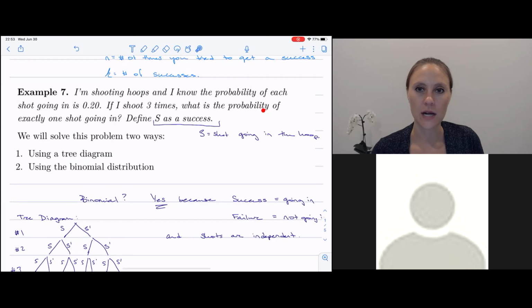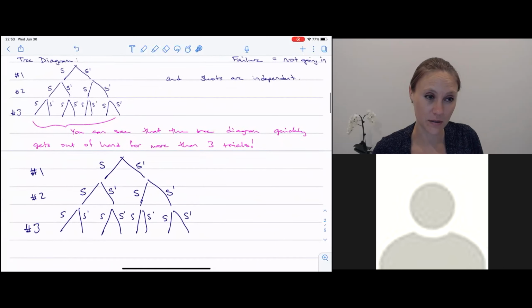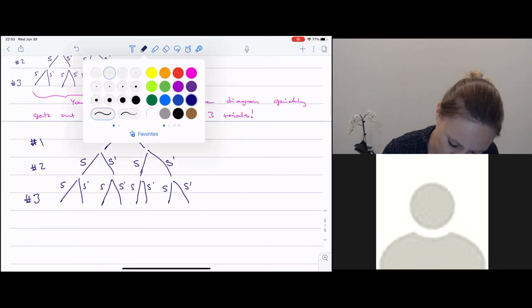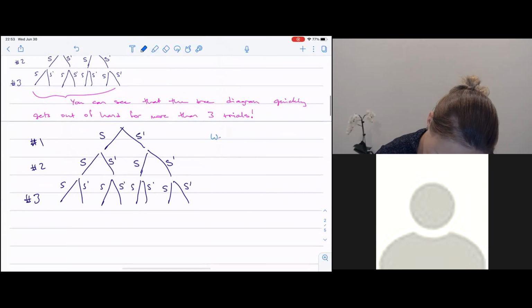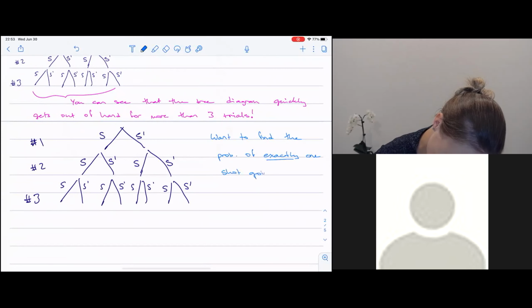Okay. Now, there are a couple of ways that that can happen, right? So what we want to find is the probability of exactly one shot going in.